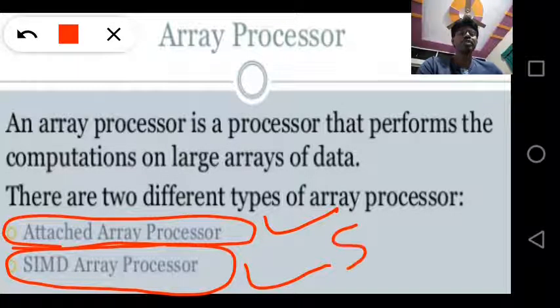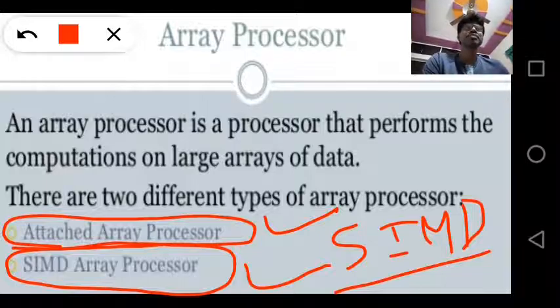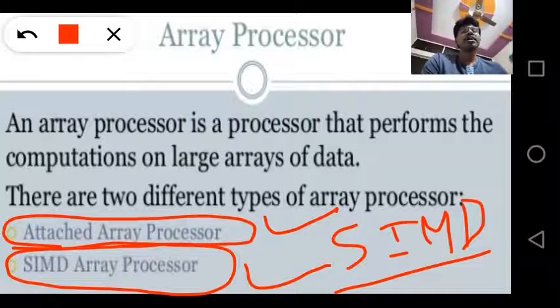You know about SIMD. SIMD stands for single instruction and multiple data. This we might have seen in Flynn's classification of parallel multiprocessors. First you should know that an array processor is a processor which performs computation on large amounts of data, or large arrays of data.